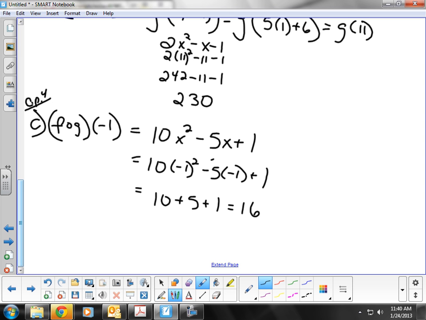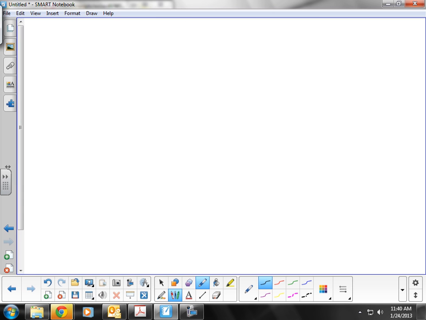Checkpoint 5 is for determining the domain for composite functions.